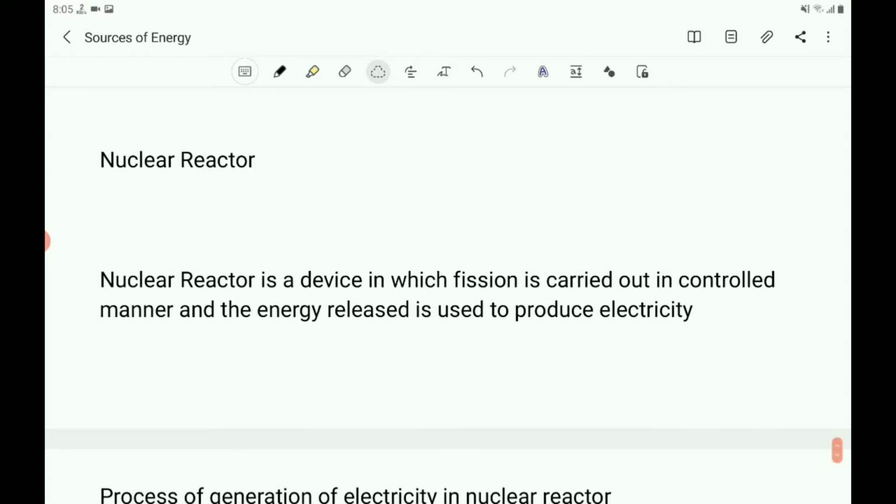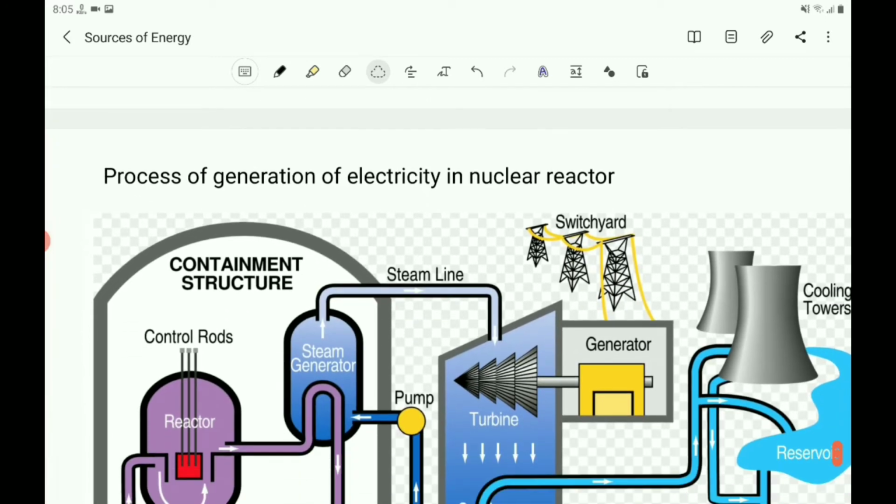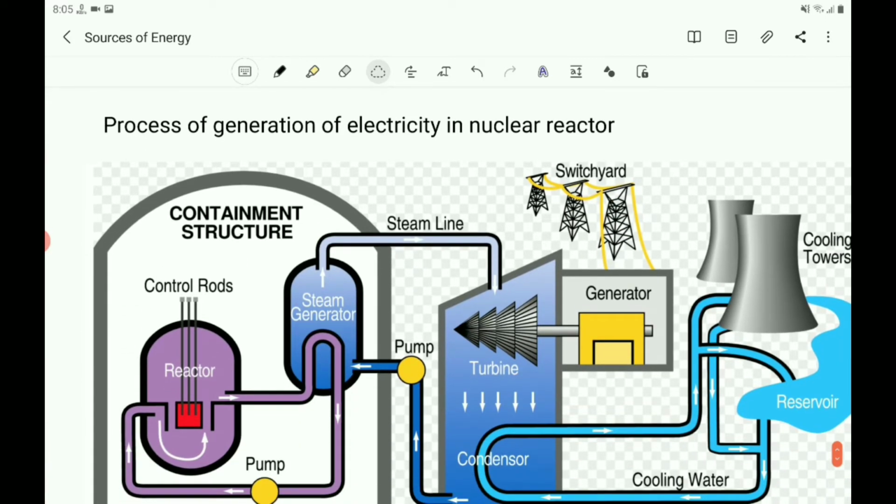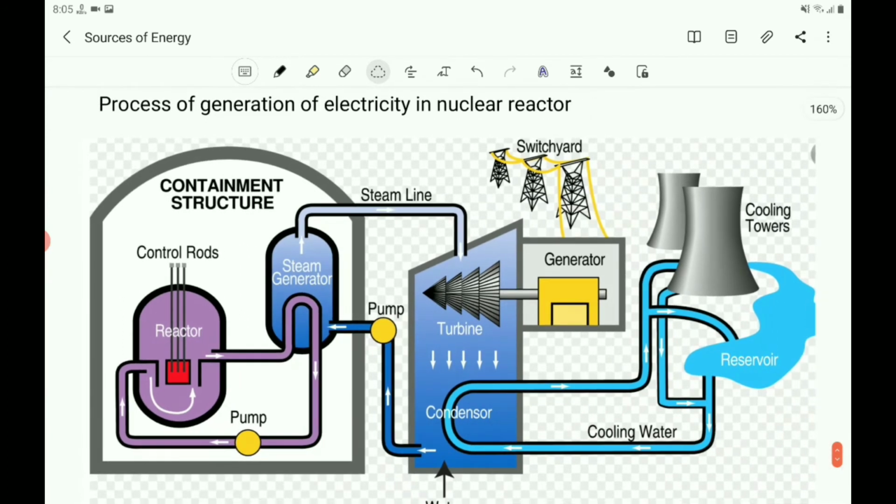Now let us discuss about the process of generation of electricity in nuclear reactor. Children, here you observe the diagram of nuclear reactor. The fuel used in the nuclear reactor is uranium 235.